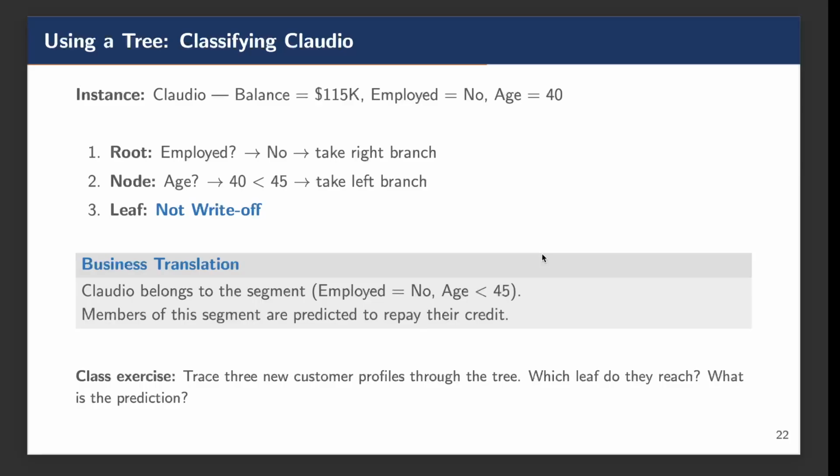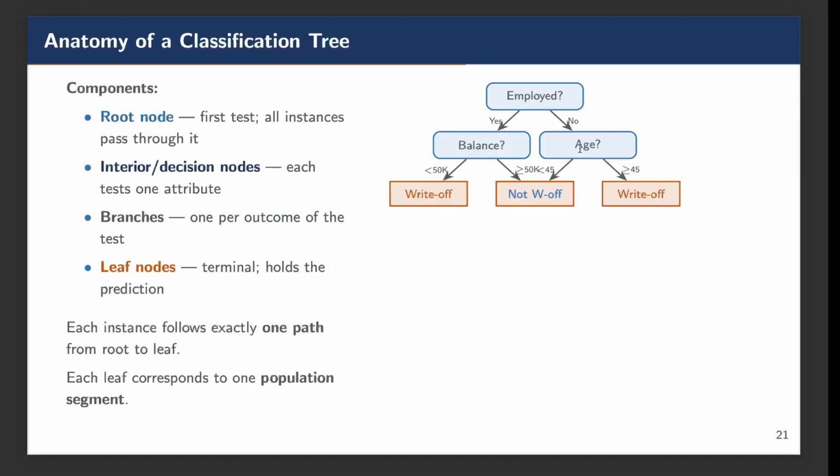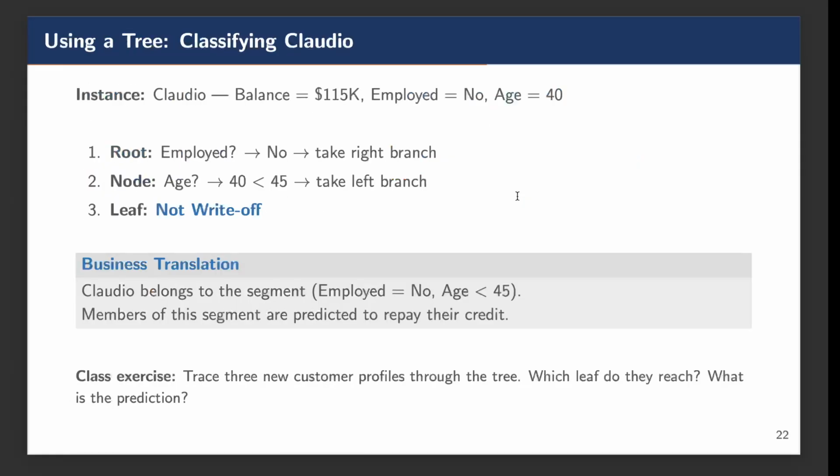No. So we take the right branch here. Not employed, and then we ask if his age is less than 45. Yes, because he is 40. So we take the left branch, and then we land on a leaf that predicts non-write-off. So in business terms, Claudio belongs to a segment predicted to repay their credits.